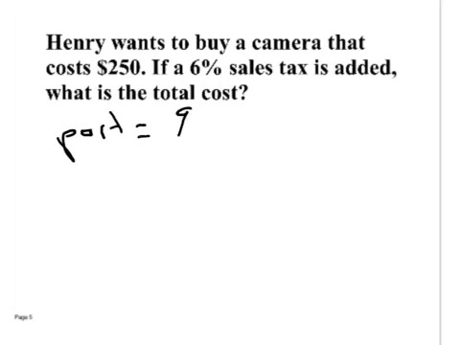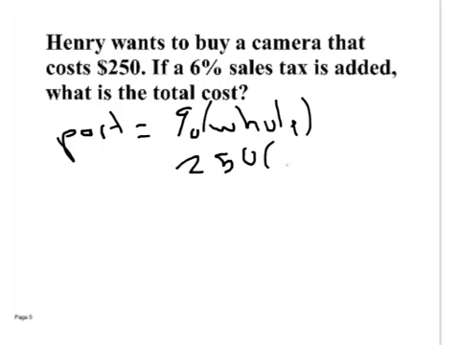We take the percentage times the whole. So we take 250 and times it by 0.06. Do not forget to change the decimal. 250 times 0.06 gives me a part of $15. But is that going to be the total cost?